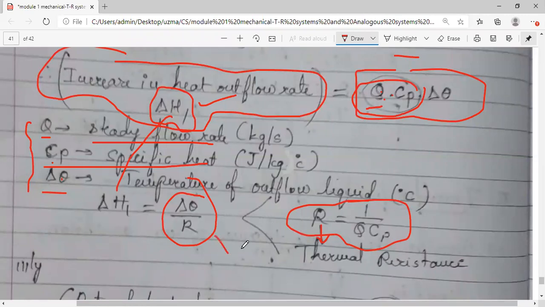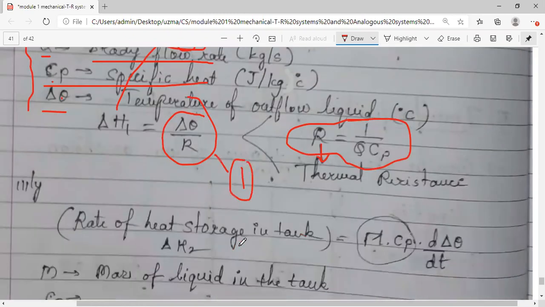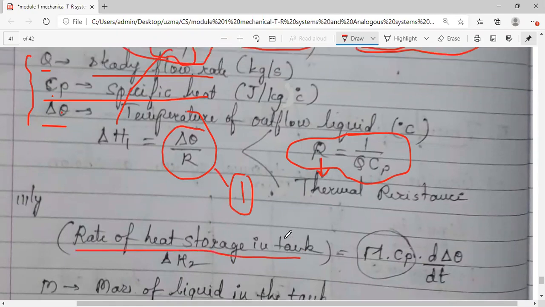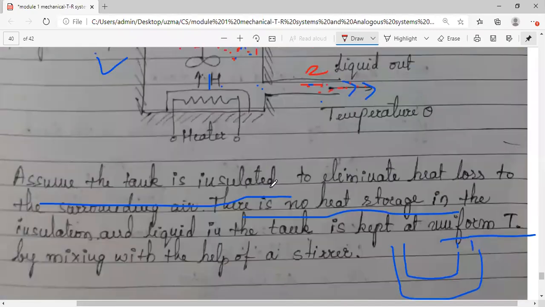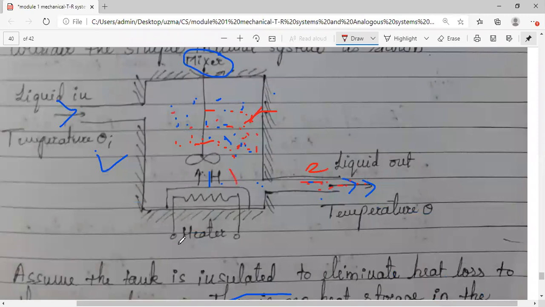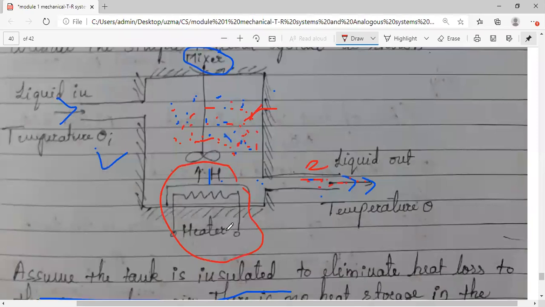So we have got delta H1, first thing, and similarly I am talking about the second thing, the rate of heat storage in the tank. The amount of heat the heater supplies is the amount of heat the liquid will take. I am talking about delta H2.